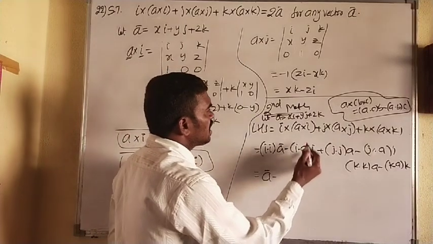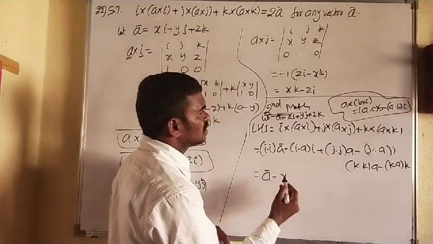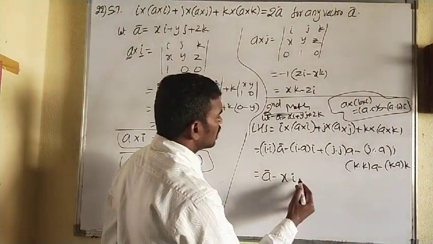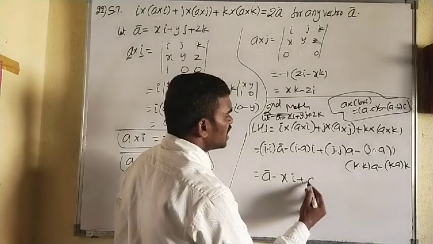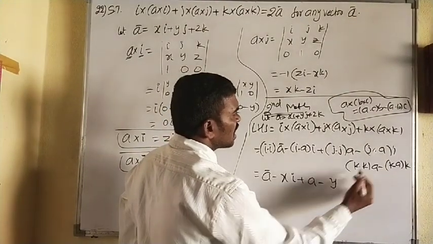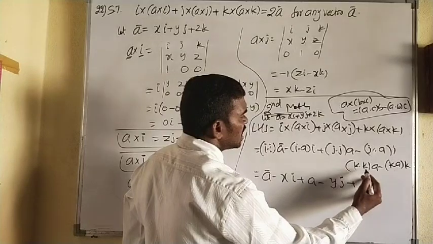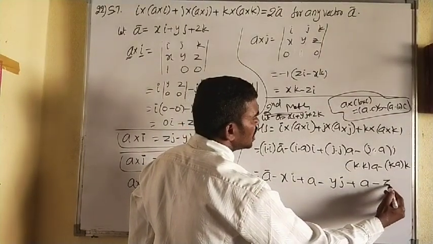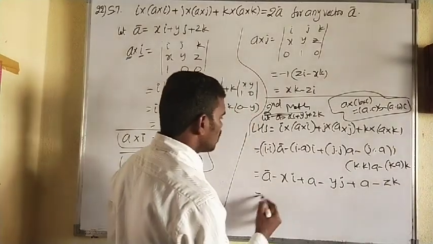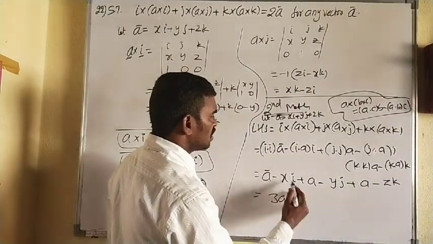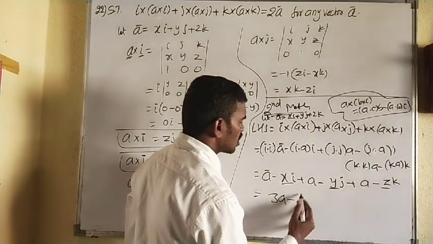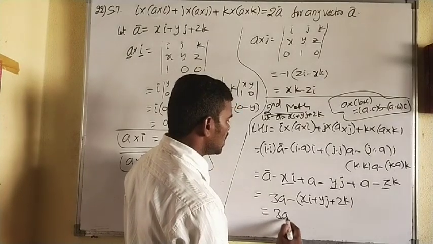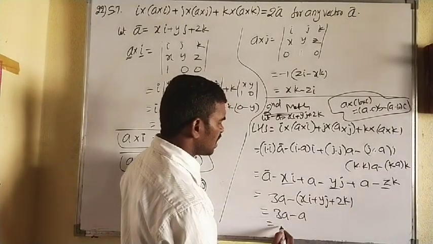I dot a means we get only x, into I means I. Similarly, j dot j is 1 into a, minus j dot a is only y, into j means j, plus k dot k is 1 into a, minus k dot a means we get only z, into k means k. So a plus a plus a means 3a. In the remaining terms, take minus common, remaining we get xi plus yj plus zk. So this is called 3a minus, and this becomes again a. So 3a minus a is 2a.